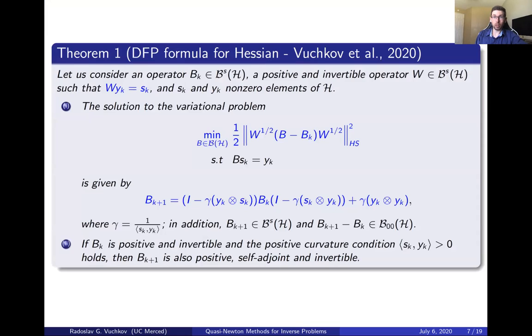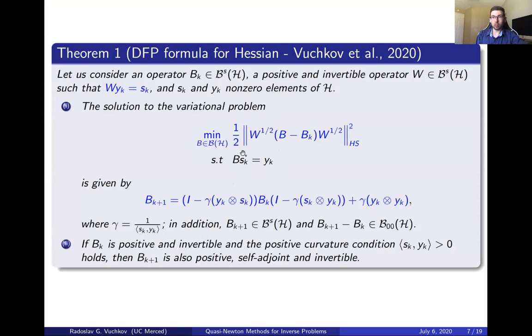So this is one of our formulas. This is the formula for DFP, and this looks like a mouthful. What I really want you to focus on here is that we formulate this variational problem, this minimization problem, where we're asking to find a B that minimizes this norm, right? And B is constrained.